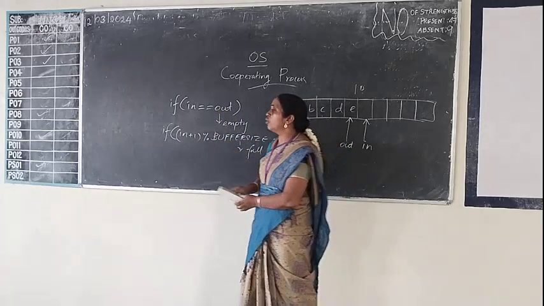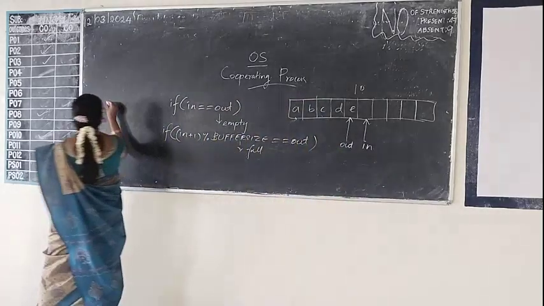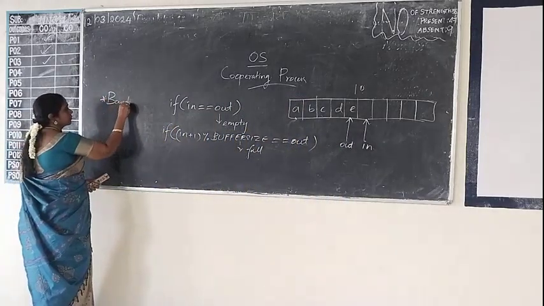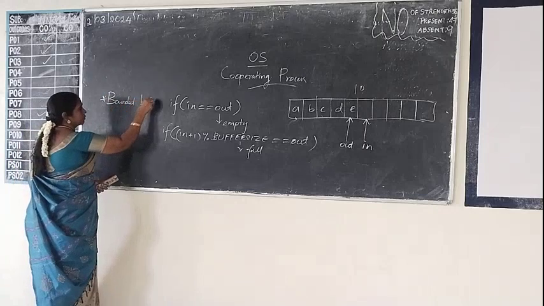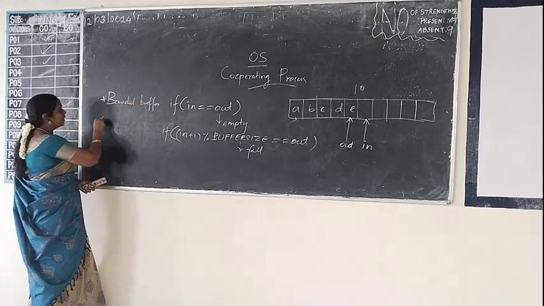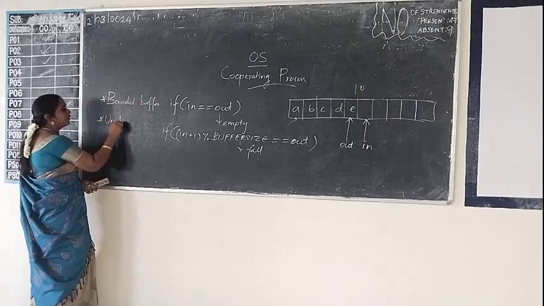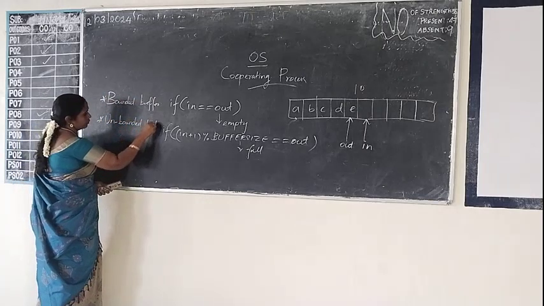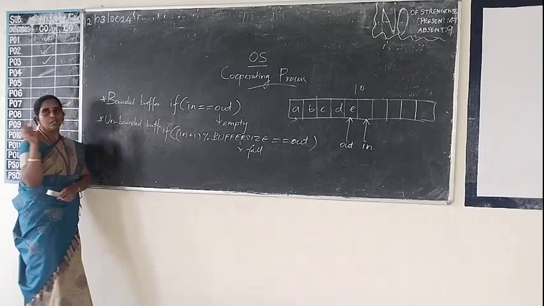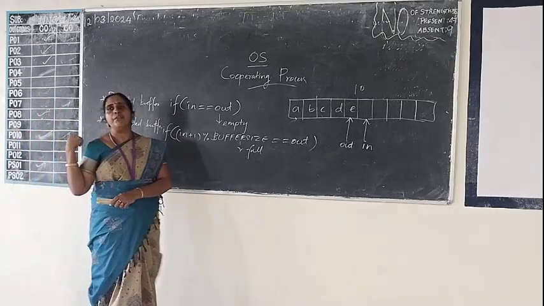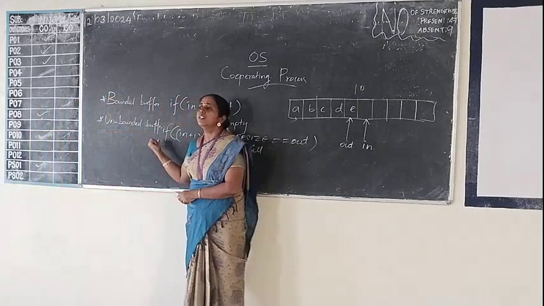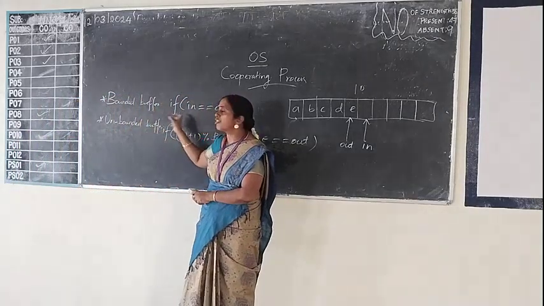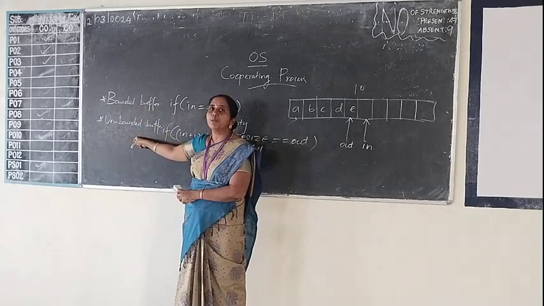Then there are two types of producer-consumer problems. The first one is the bounded buffer, and the second one is the unbounded buffer. In the bounded buffer producer-consumer problem, the size of the buffer is finite length. So there is a fixed limit for the size of the buffer.